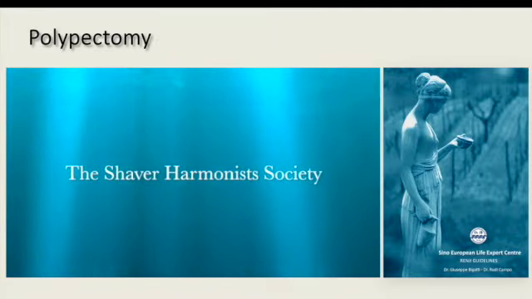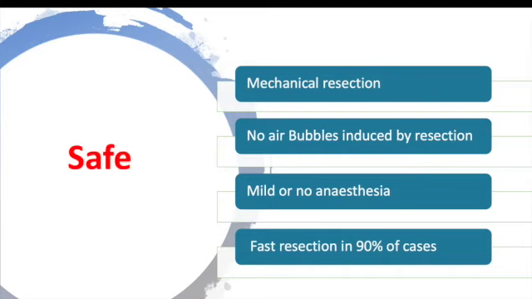acceptable. So why is the shaver a safe device? First of all, because it's a mechanical resection, so electricity is not involved. If you think about it, having the resectoscope blade inside the uterine cavity is one of the most dangerous procedures we have, because electricity and heating make it very easy, if you don't see well, to make a perforation.